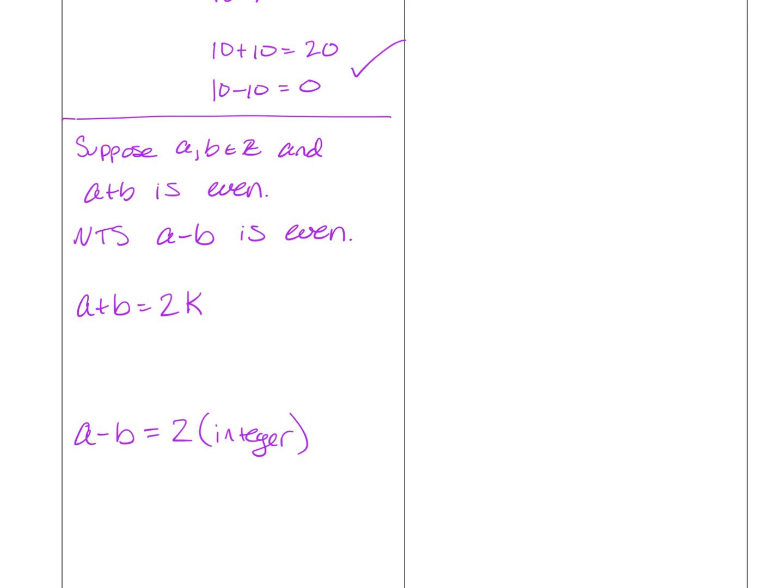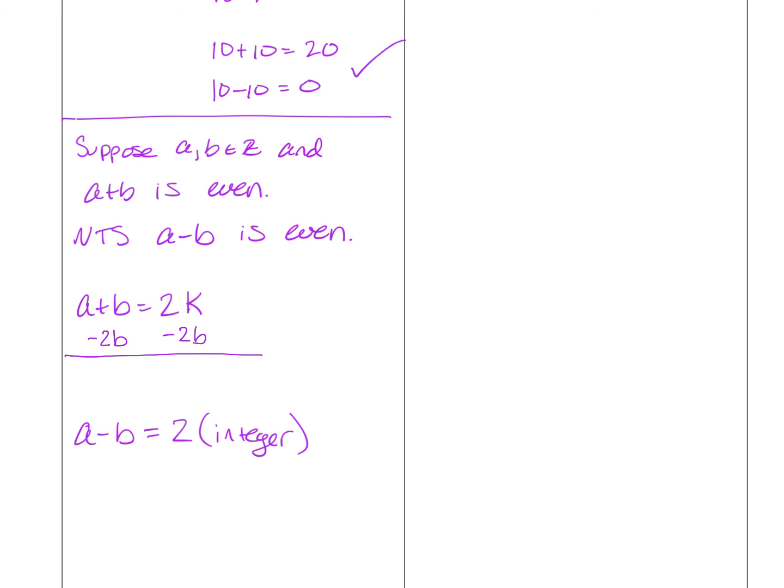I left some blank space to see if I can manipulate what I know into what I want. Remember that when you're dealing with equations, you can do anything you want, as long as you do it to both sides of the equation. So if I want to turn a plus b into a minus b, I could subtract 2b from both sides.